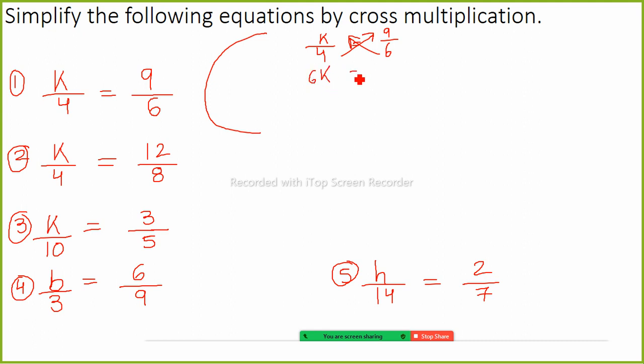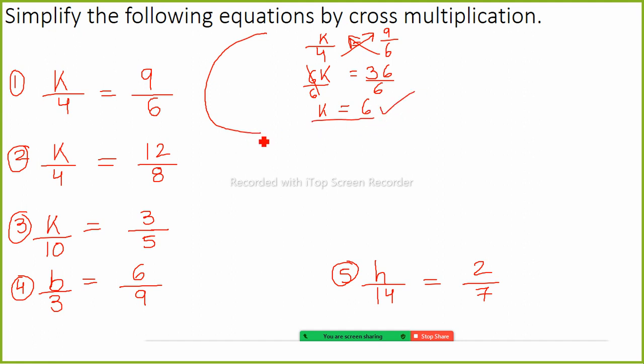And that's going to be equal to 4 times 9, which is 36. Divide both sides by 6. We get that k is equal to 36 divided by 6, which is 6. So k is 6. That's absolutely correct.